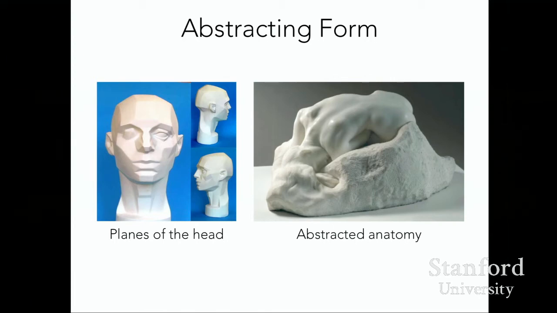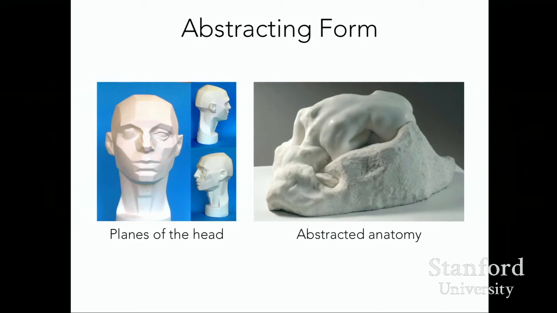So for sculptors who create busts of human heads, they often refer to this abstraction called the planes of the head, which is a set of planes that define more or less the key characteristics of a person's head and their face and what they look like. And so in order to create really compelling and recognizable busts of humans, they often end up abstracting away a lot of the details and really focusing on these different planes of the head.